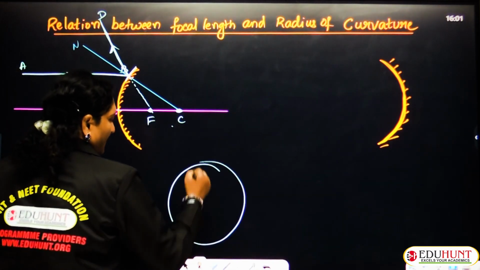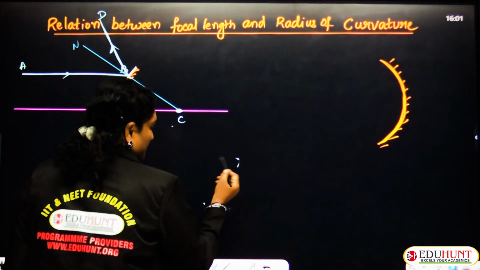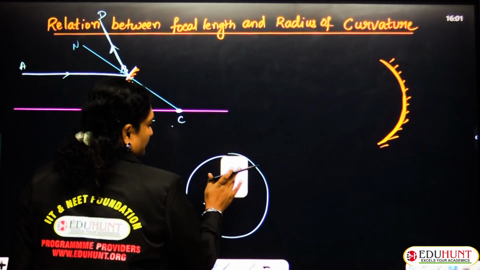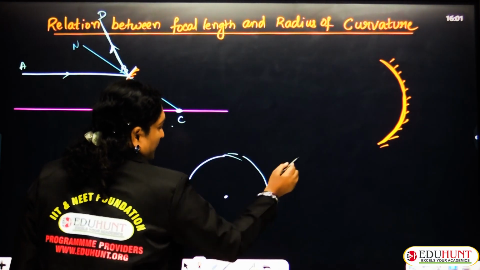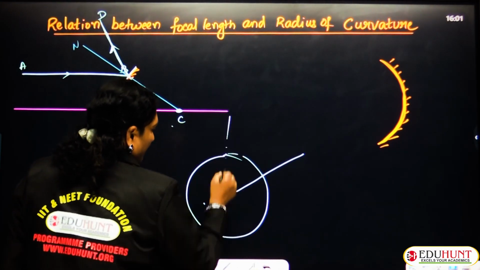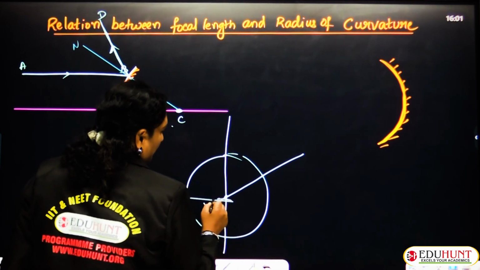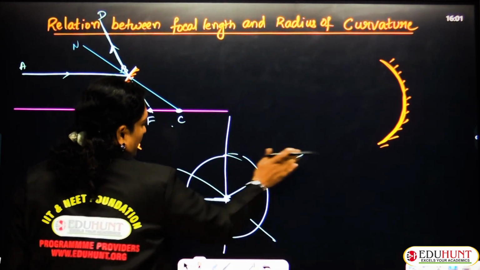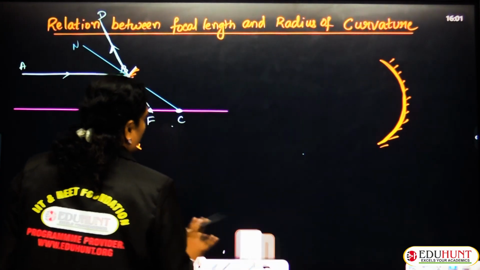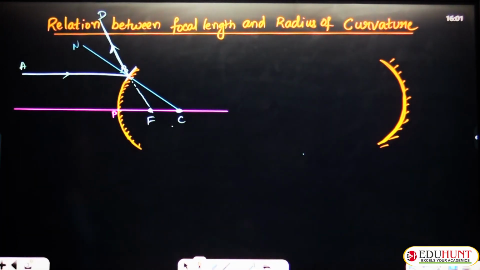Any light ray moving perpendicular to this will be meeting at the center of curvature. That is the normal drawn to this surface, N.